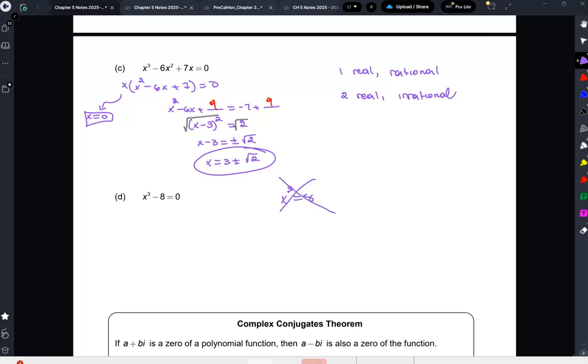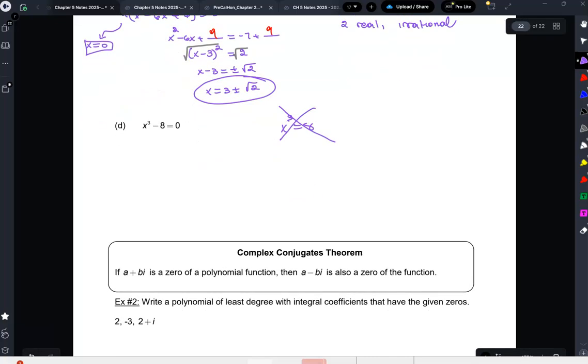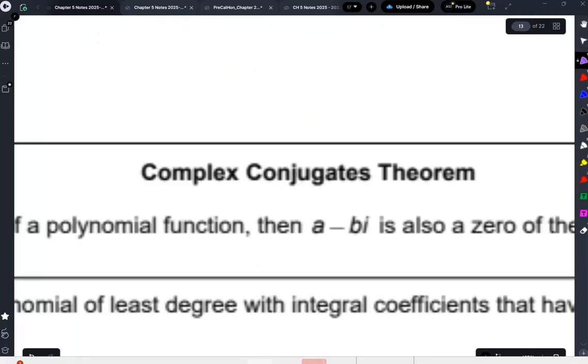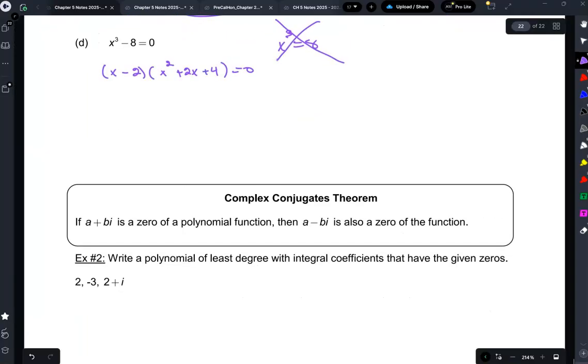We're not gonna do that. Okay? We're gonna factor it. Difference of cubes. X minus 2, x squared plus 2x plus 4. Oh, hello. X equals 2.